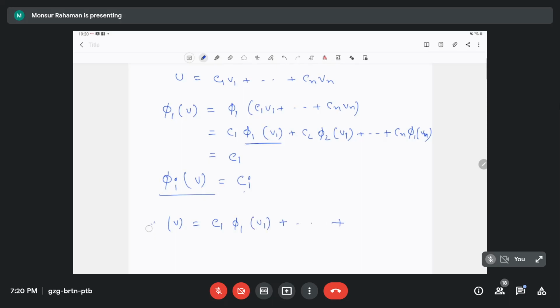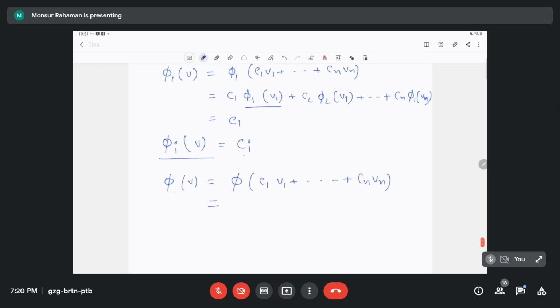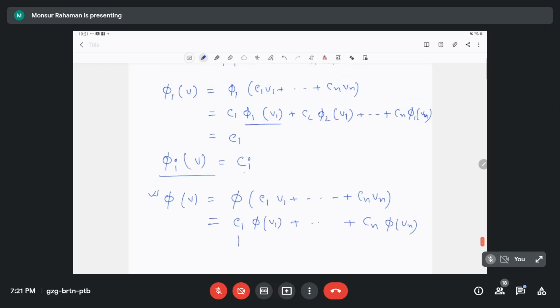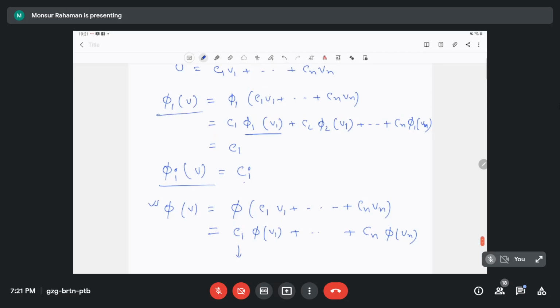Now we'll take any function phi and send v equals c1 v1 plus cn vn. This is now any arbitrary function that I have taken. So this is c1 phi v1 plus cn phi vn. This c1 you can write as phi 1 of v.